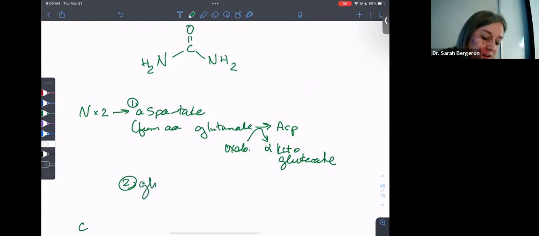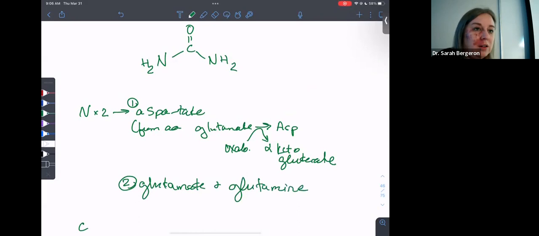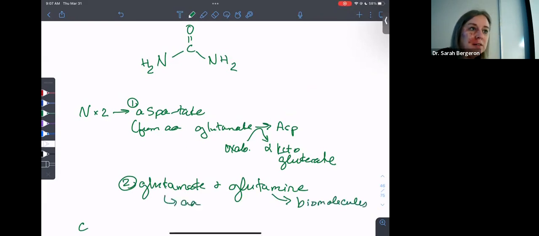Glutamate. So glutamate and glutamine, right? Glutamate and glutamine. The glutamine is really from biomolecules that are non-amino acids. And then the glutamate is really amino acids.